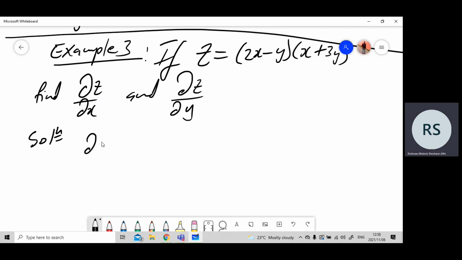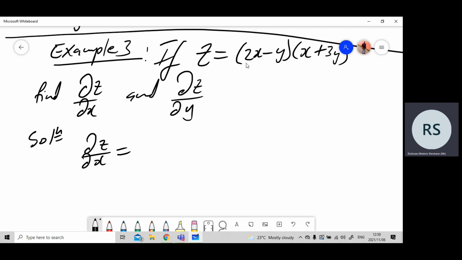To find the partial derivative of z with respect to x, you see you have a product of two functions here. When you derive a product of two functions, you know you're applying a product rule, right? But remember, you're deriving your function with respect to x. But since we're deriving the product of two functions, we're applying the product rule.